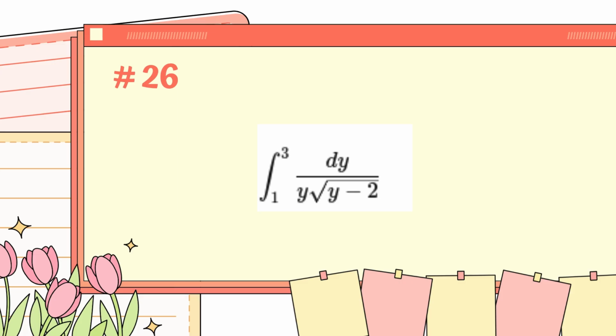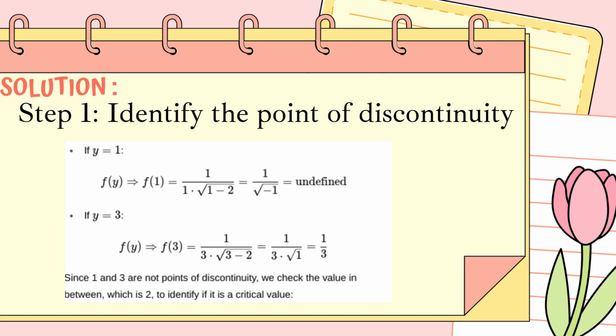So we have here the integral of dy over y squared of y minus 2 from 1 to 3. Step 1 is to identify the point of discontinuity.